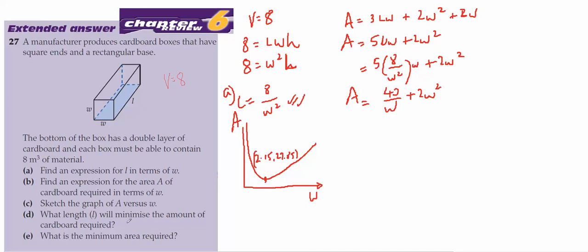Part D, what length will minimise the amount of cardboard required? To minimise the amount of cardboard required, I would need to take dA/dW, set it equal to 0 and solve for W, and then find out what the length is.